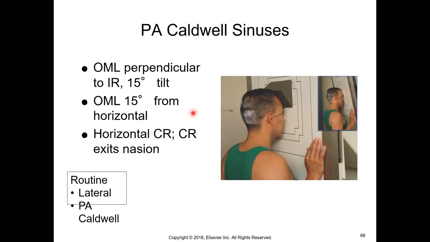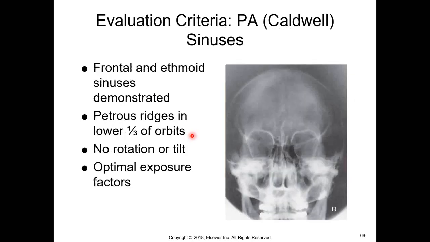Another position you would do is your PA Caldwell, which is the same thing, 15 degrees, 15 degrees, 15 degrees, okay? You can either have a straight beam, which is a straight PA exiting the nasion, or you can do a 15 degrees, which would put your petrous ridges in the lower third of the orbit, and it would still be exiting the nasion. So that really doesn't change.